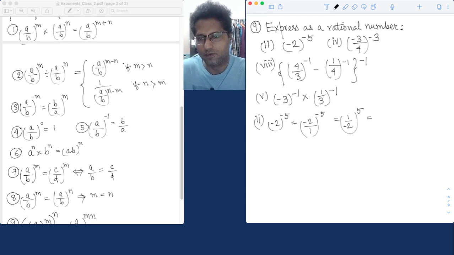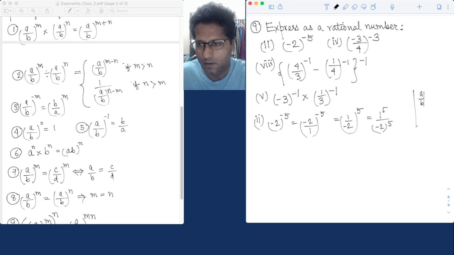Now you can break it down, you can convert it as a rational number as 1 to the power 5 and minus 2 to the power 5 using the formula a by b raised to the power m equals a to the power m divided by b to the power m.